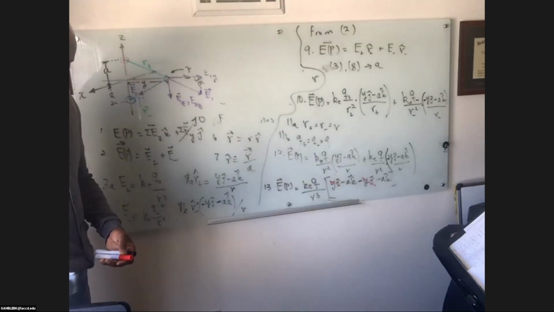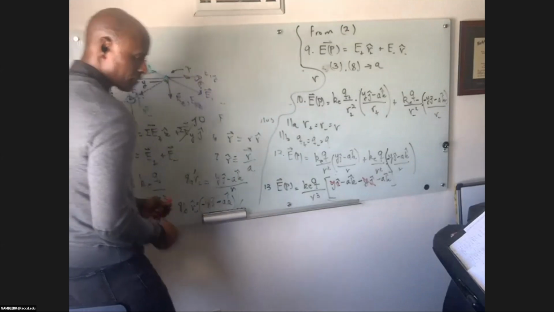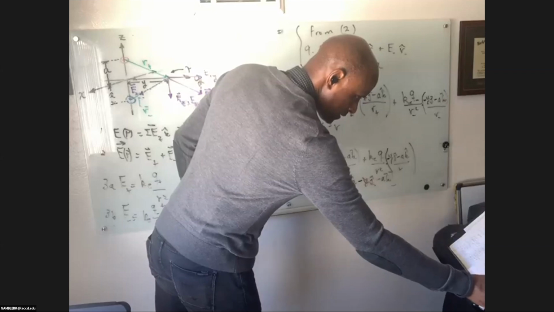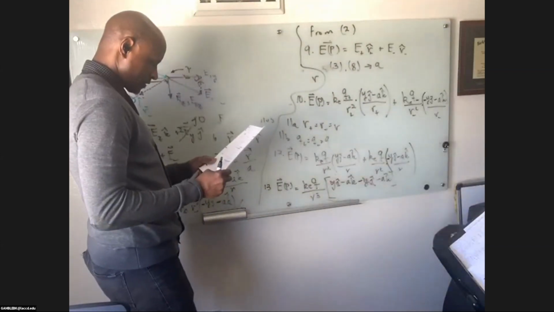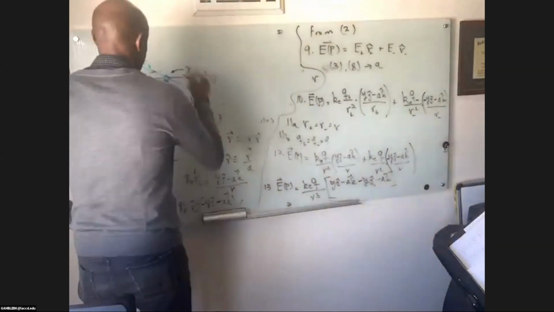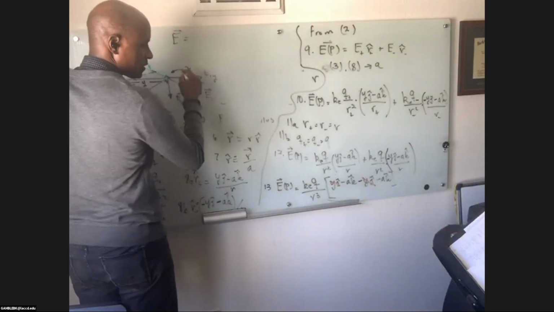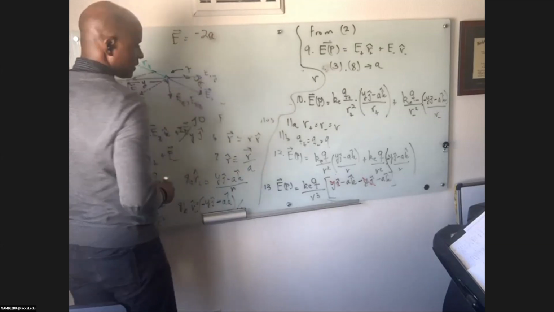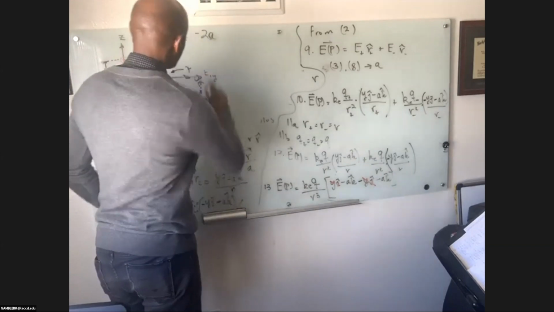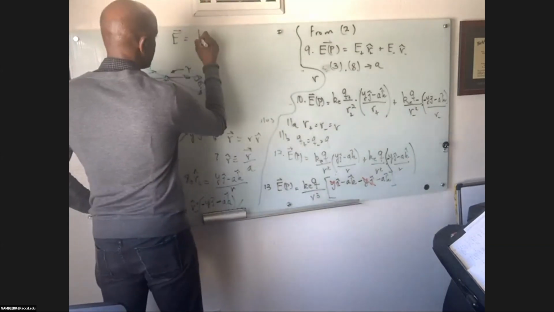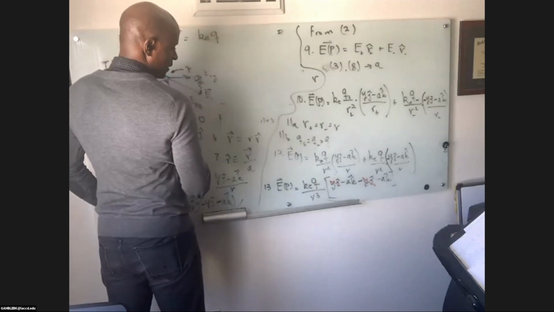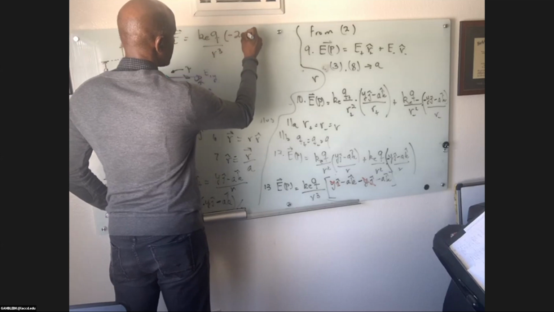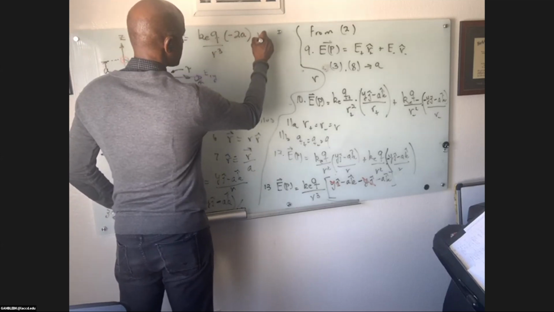So I add that stuff up and I'm going to get the resultant: a minus 2a times k sub b q over r cubed, all in the k direction.